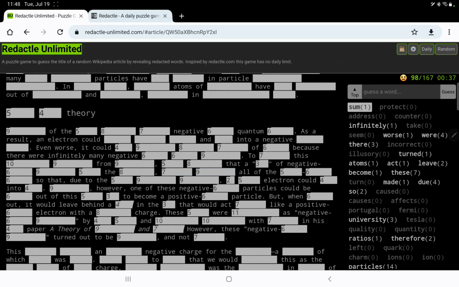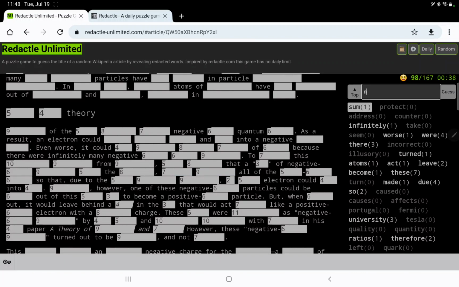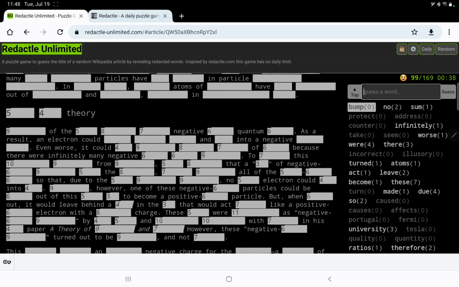Okay, so that due to the thing, no, something electron could bump, could something into that. I did that into that a something of negative, a something in quotes.